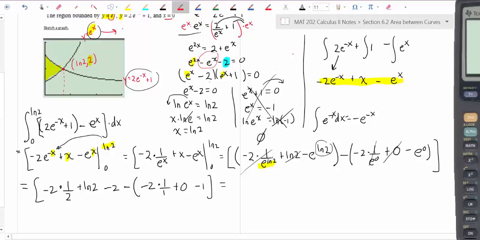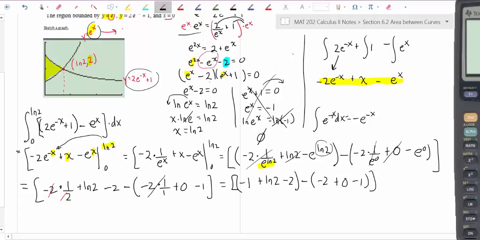If we go inside the brackets, that's going to cancel. That's going to leave us negative 1 plus ln2 minus 2. I'll take care of that. And then minus, this is negative 2 plus 0 minus 1.